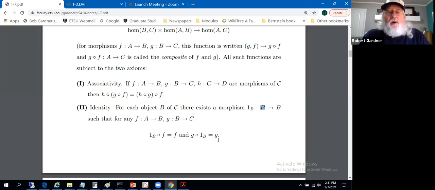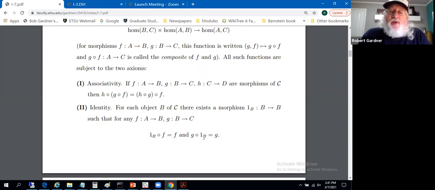By the way, notice that the domain, codomain things make sense. If we took f composed with this 1_B morphism, f would take us from object A to object B, and then this would address object B. It would map B to itself.